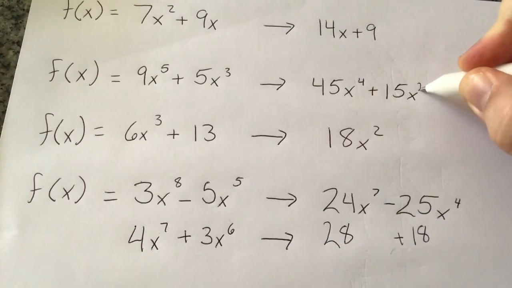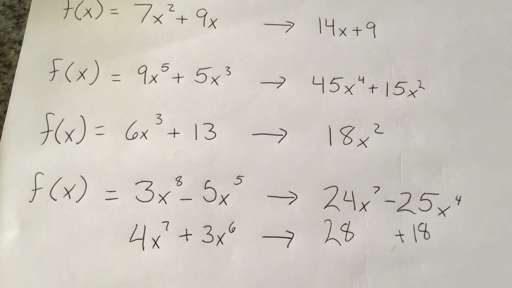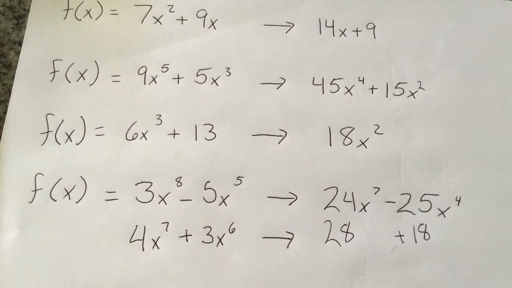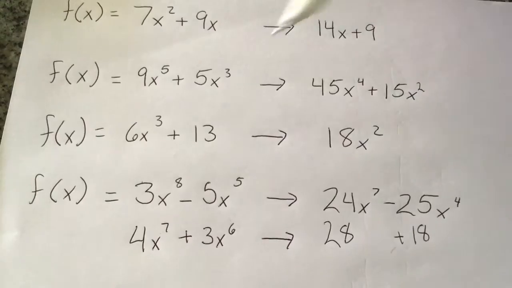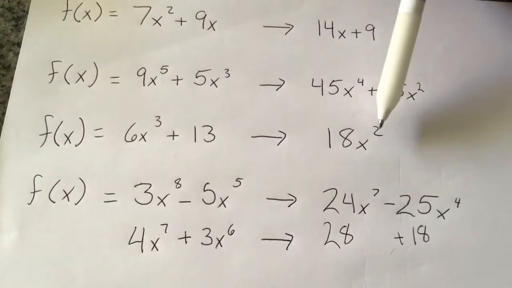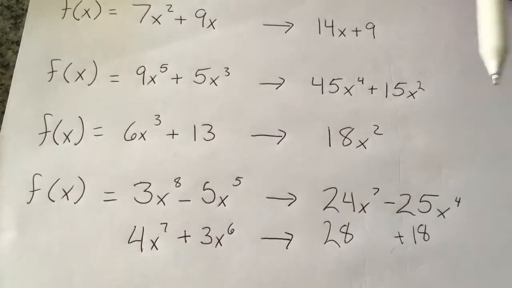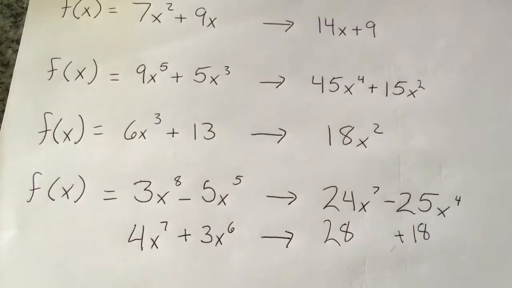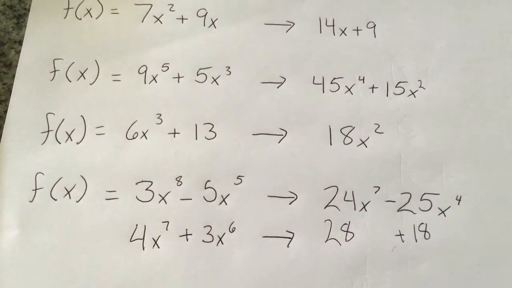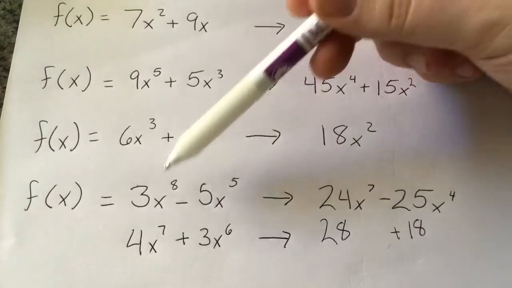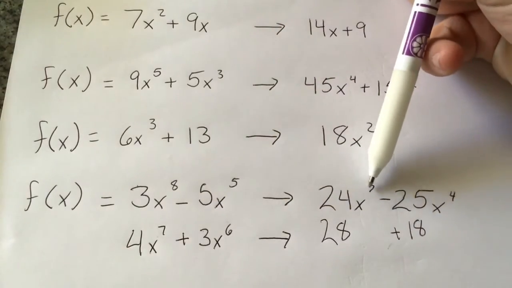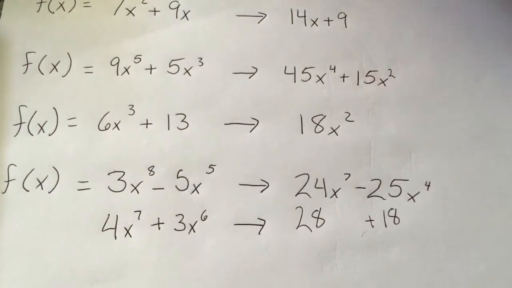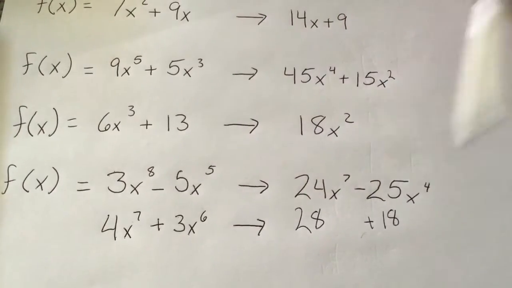That should have turned into x squared, but that's my bad for writing that incorrectly. Here we have x to the third that turned into x squared. And then we explained why that doesn't have anything happening to it. And then we get an x to the eighth that goes to the seventh, and an x to the fifth that goes to x to the fourth.